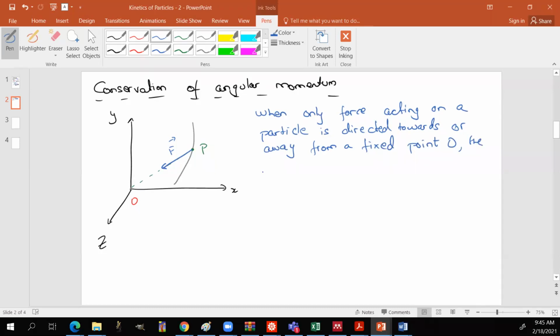The particle is said to be moving under a central force.